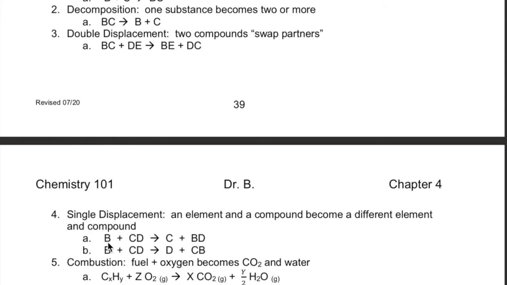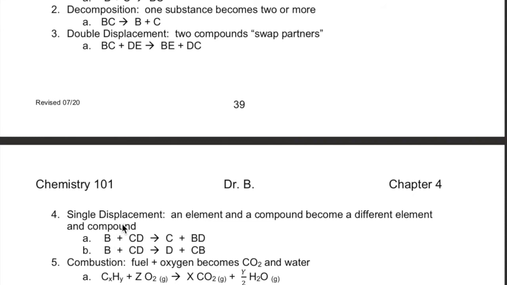Single displacement, we have an element and a compound becoming a different element and compound. So this B has jumped into the compound and replaced one of these components. If B is a metal, it's going to replace the metal. So here we have an ionic compound. C would be the metal, D would be the non-metal.